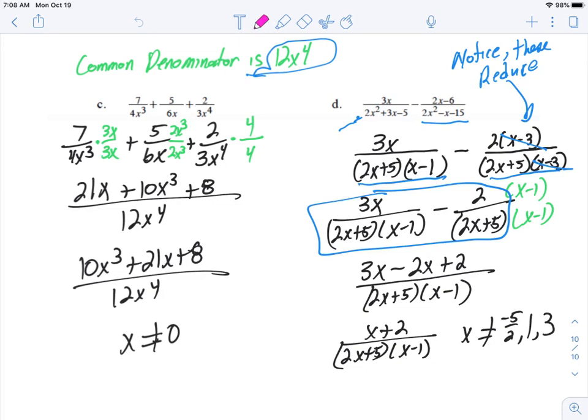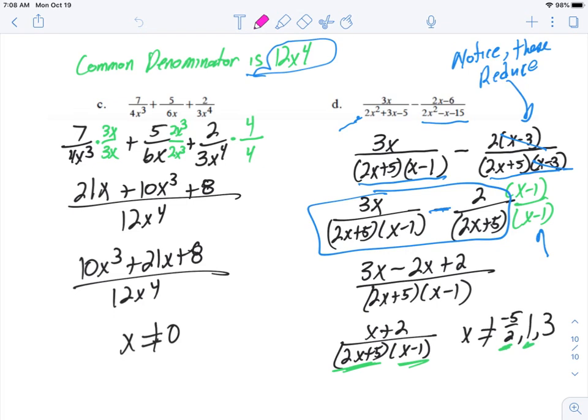Then, after those reduce, we have this expression of 3x over 2x plus 5 times x minus 1 minus 2 over 2x plus 5. Your giant 1 is going to be x minus 1 over x minus 1. Forgot the little fraction bar there. And then simplify, clean things up a little bit. Now, in our denominator, 2x plus 5, well, that means x cannot be a negative 5 halves.